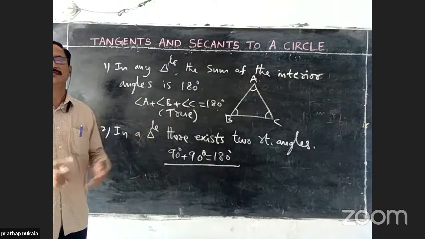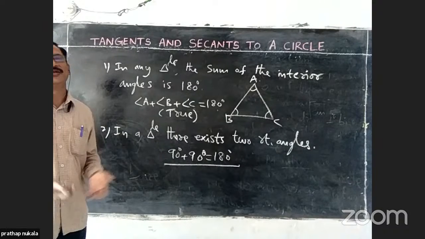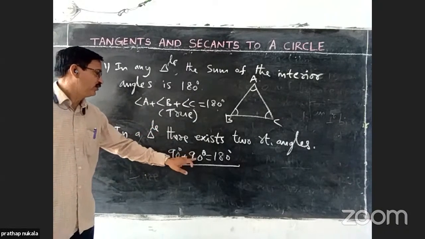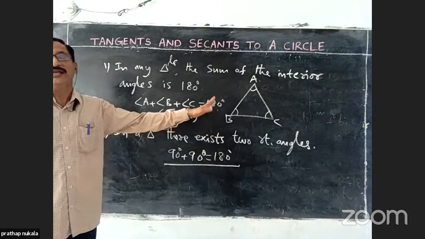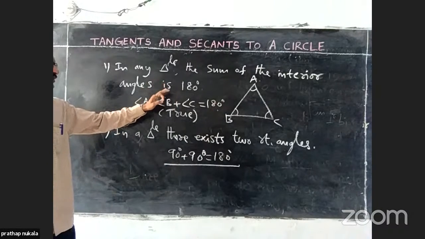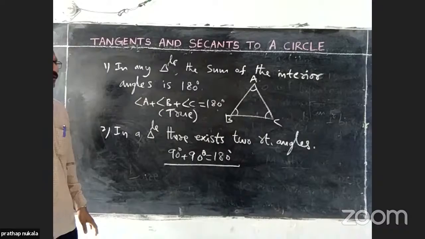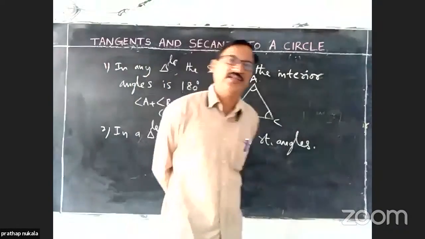There is no third angle, it would be 0 degrees. Does 0 degrees exist in a triangle? No. That's why there do not exist 2 right angles in a triangle. Only one right angle will be there for any triangle.